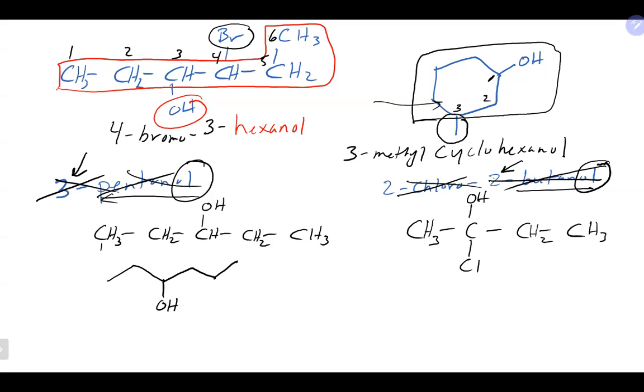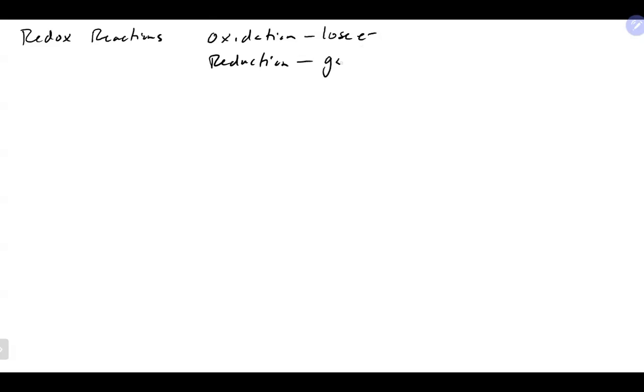Okay, then let's talk a little bit about the major reactions that alcohols undergo. Alcohols kind of go under redox reactions, which means that is an oxidation or reduction sort of situation. And if you remember, oxidation means loses electrons, reduction means gains electrons.